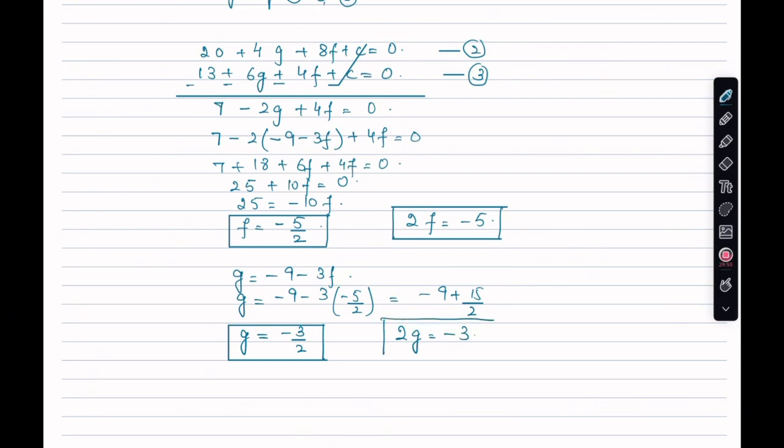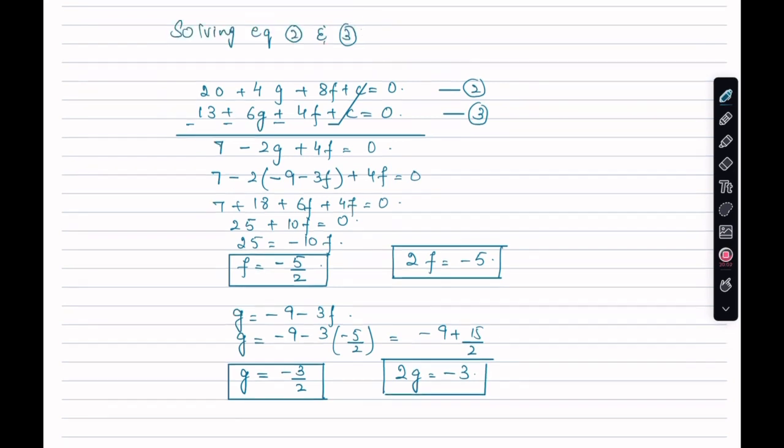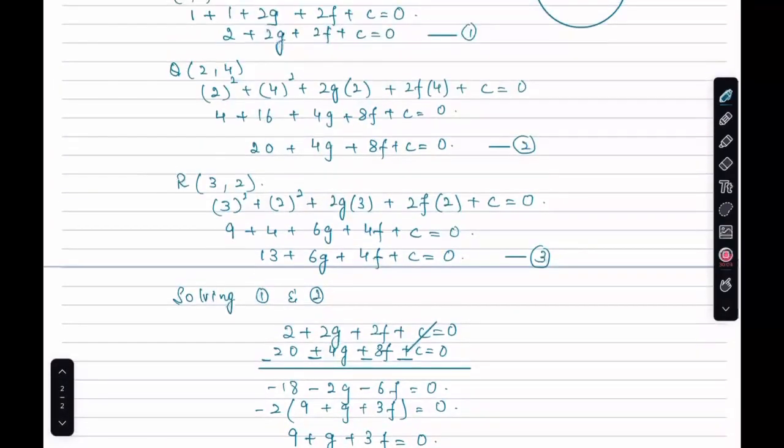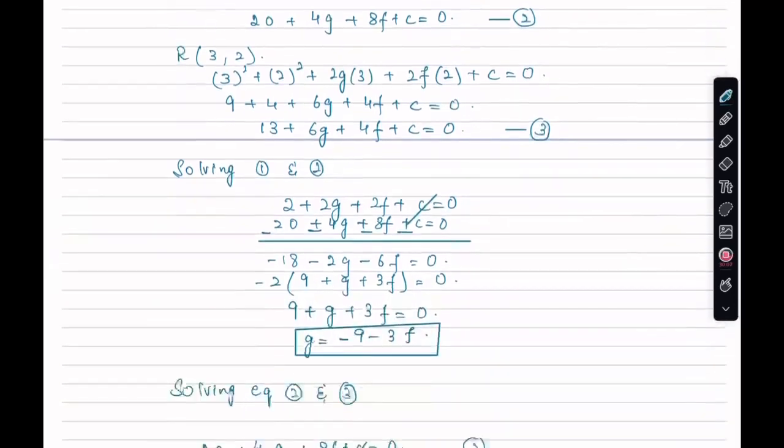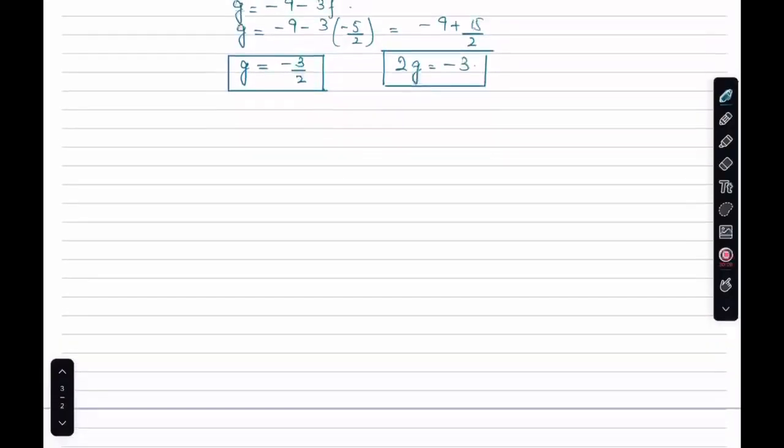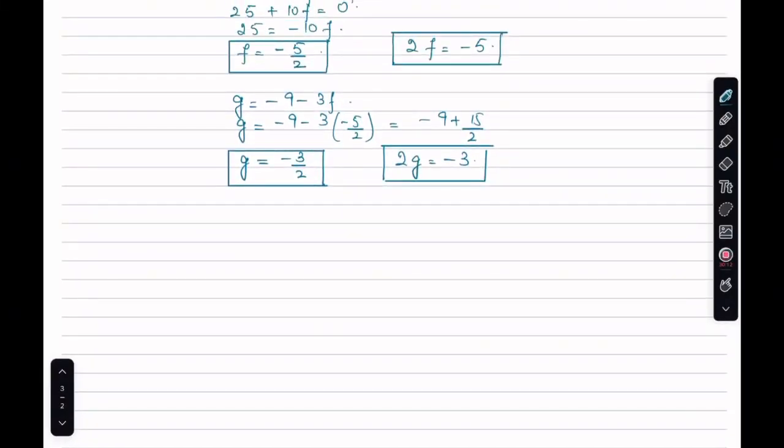Now the third value which is left is the c value. I can just pick any of the equations and substitute f and g there. If I pick equation 1, which was 2 plus 2g plus 2f plus c equals 0, then to find c I'm just going to substitute.